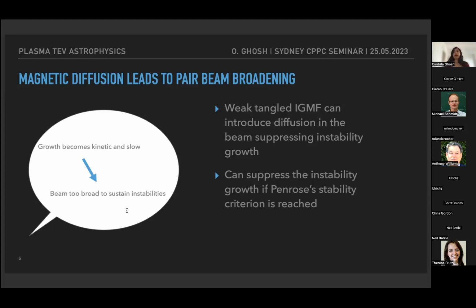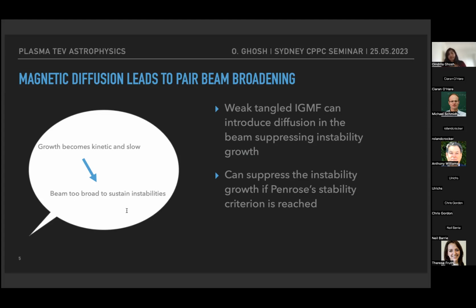And another scenario is if the intergalactic magnetic field is even weaker, then this could introduce some diffusion in the beam. And this could, in turn, also turn off potential instabilities, the beam plasma instabilities that I will come to. So essentially, we see that these processes are coupled.